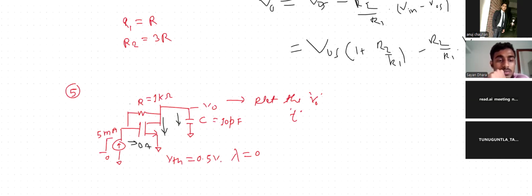What is the condition for the MOSFET to be in the saturation region? Anyway, you think about this question. I'll take the next question.